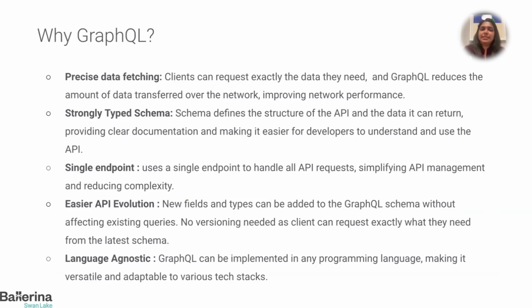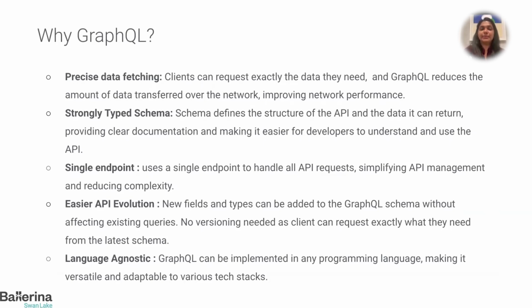One major thing is precise data fetching. As I mentioned before, clients can simply request what they need, not more, not less. So that will avoid the problem of underfetching or overfetching of the data. We can discuss that a little bit again in a few upcoming slides with an example. So that's a huge advantage. And also, GraphQL is strongly typed.